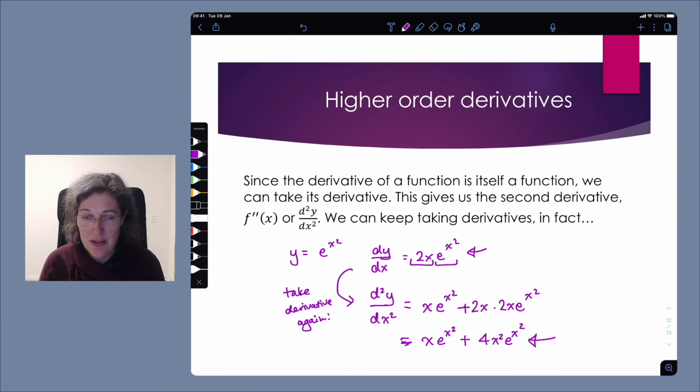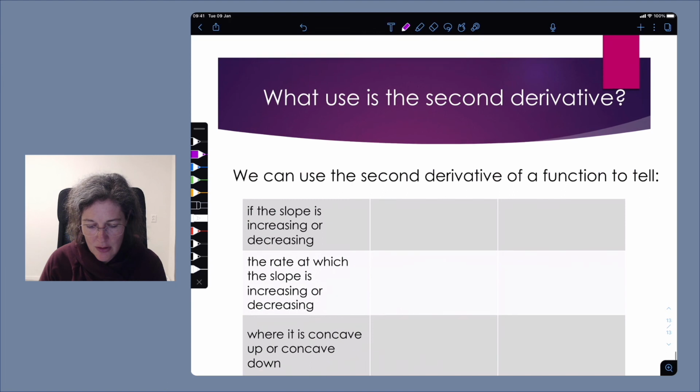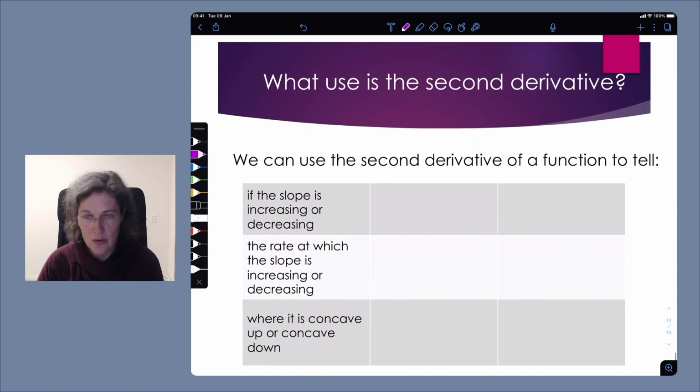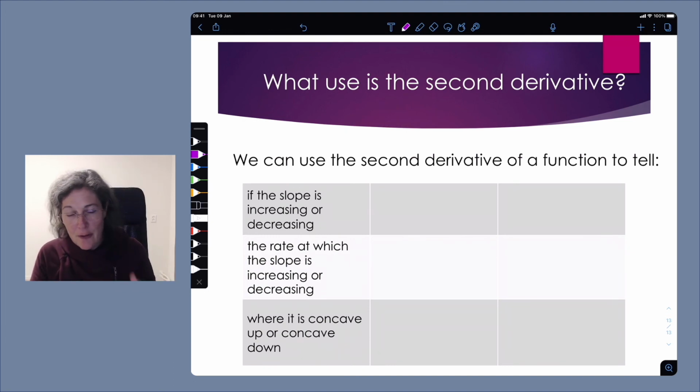But often it's the first and second derivatives that we really use when it comes to looking at functions and how they work. So the question is, what use is the second derivative? Well, it is the first derivative of the first derivative. So it tells us the same information about the first derivative as the first derivative tells us about the original function. So our first derivative, remember, tells us about the slope of the graph.